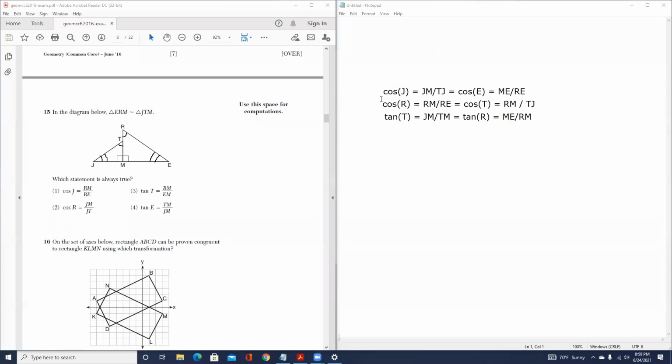And one more statement is with the fourth, tan of E is equal to RM over ME, but it's also equal to tan of J, which is equal to TM over JM.